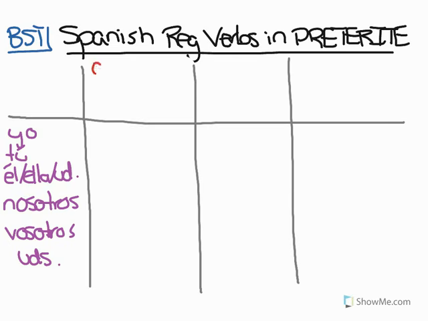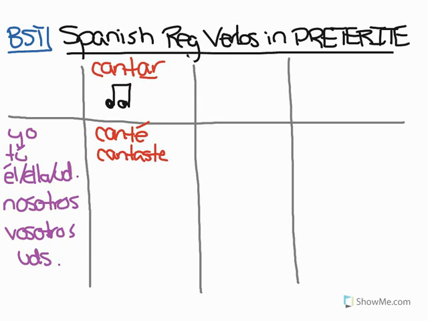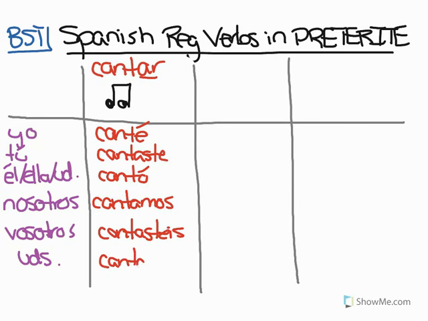So if I want to take the verb cantar, a verb ending in AR, and it means to sing, if I want to take that verb and conjugate it in the preterite tense, I would say yo canté, tú cantaste, él, ella, usted cantó, nosotros cantamos, vosotros cantasteis, and ustedes cantaron.